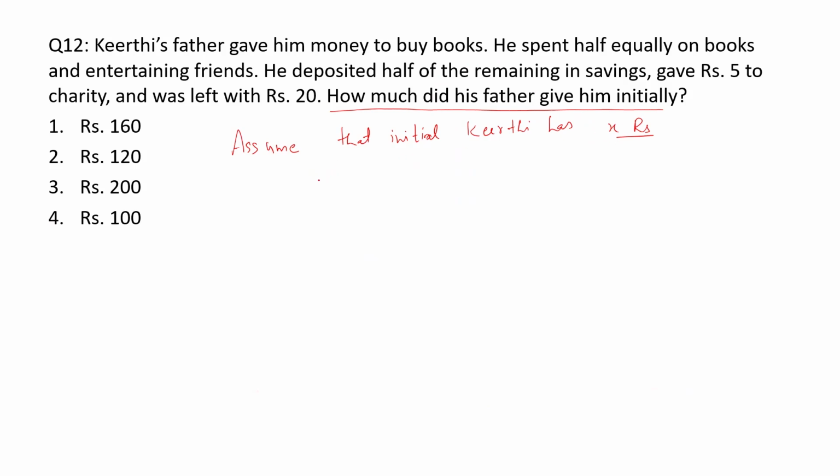First he divided the money into two parts, X by 2 and X by 2, half and half. Of this half he spent half on books and half on entertaining friends. So how much did he spend? He must have spent on books half of X by 2, that means X by 4, and similarly X by 4 he spent on entertaining friends.